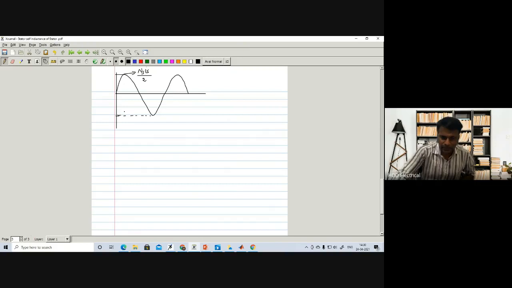On the negative side, the magnetomotive force will also be Ns Is divided by 2. According to the Fourier series, this is an odd function, so there are no an terms, and we only have bn terms. If we derive it accordingly, we get the equation for f cap, the magnetomotive force.